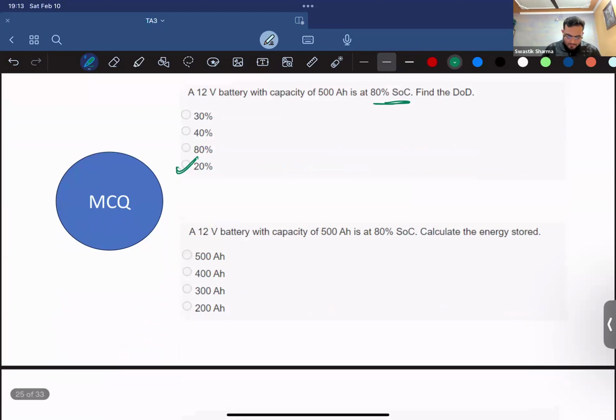So next question. If a 12-volt battery has a capacity of 500 ampere hour, which is at 80% SOC, what is the amount of energy stored in that right now? So at 100%, it can store 500 ampere hour. How much can it store at 80%?